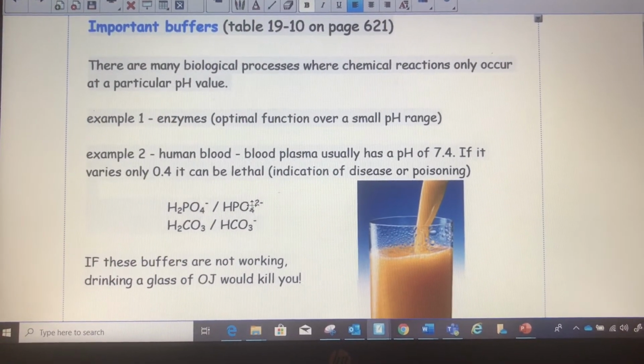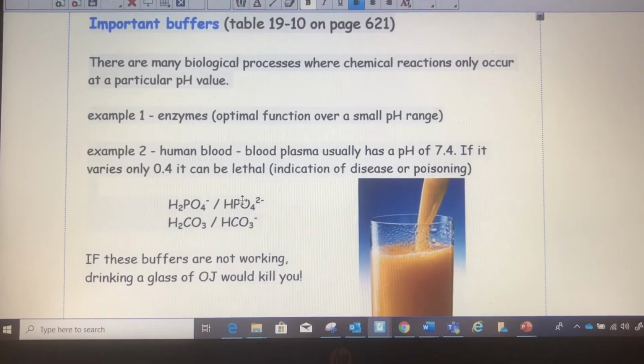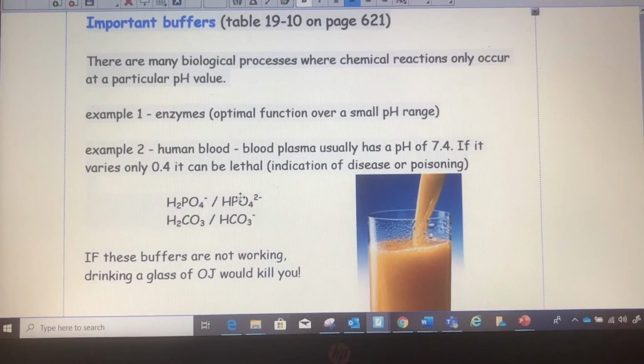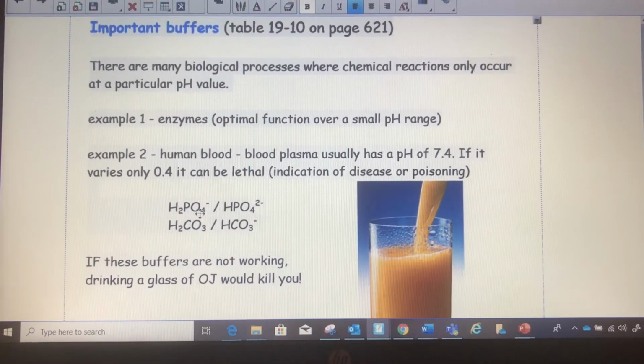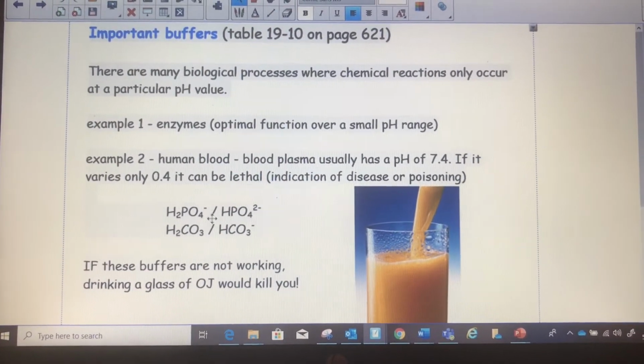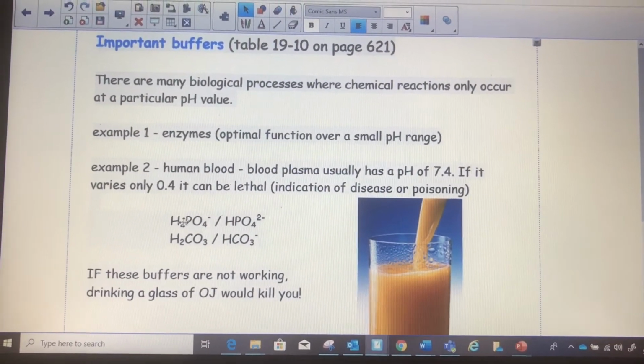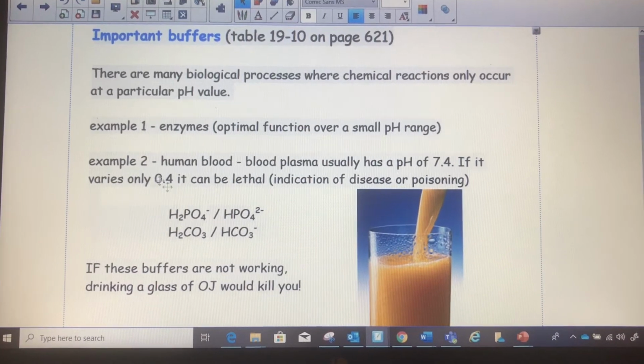If you conversely put this buffer into a solution and gradually increase the amount of base, eventually the buffer will reach its capacity and the pH will start to climb significantly. And that's because you would have exhausted all of the acid in the buffer.